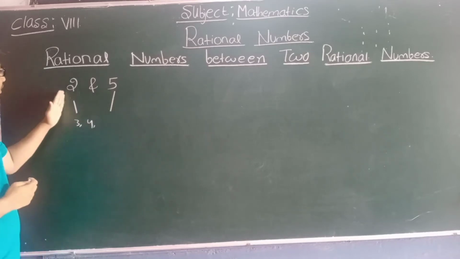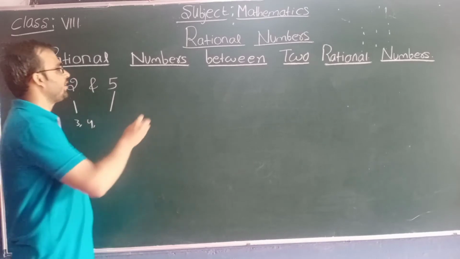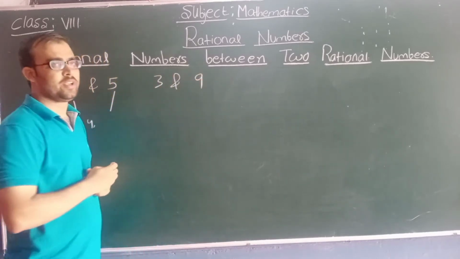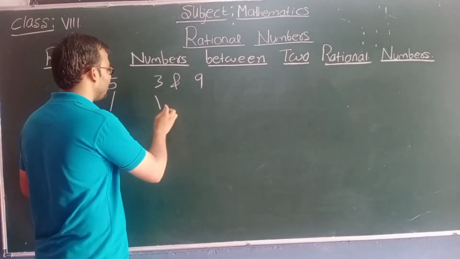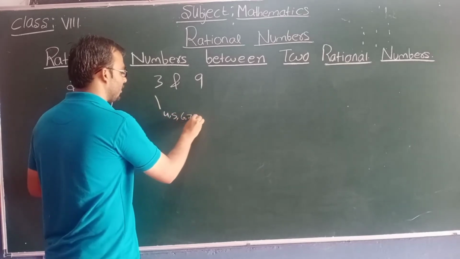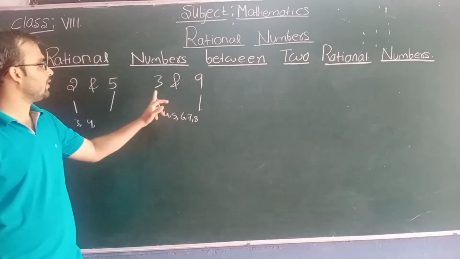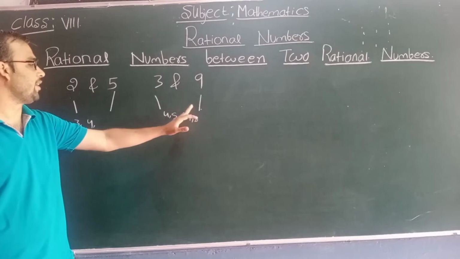If I ask you to write the numbers between 3 and 9, then what will you write? 4, 5, 6, 7 and 8. The numbers between 3 and 9 are 4, 5, 6, 7, 8.